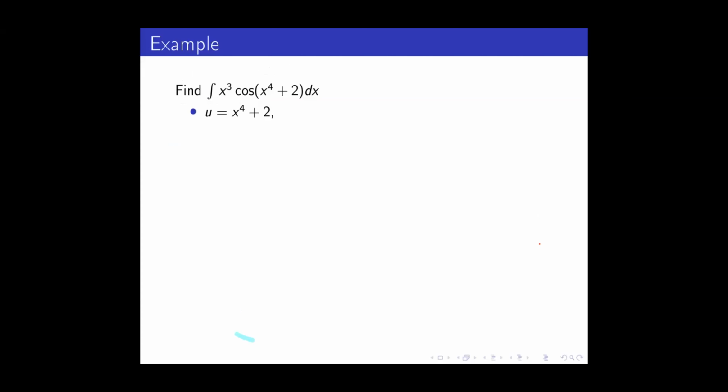So if you guess that this u would make your integral simpler, then the job is to rewrite this in terms of u. And in doing that, it is very crucial that you first look at dx and write this in terms of du. Or first just convert it into du, and there may be some extra, but we take care of that later. So this is what we do.